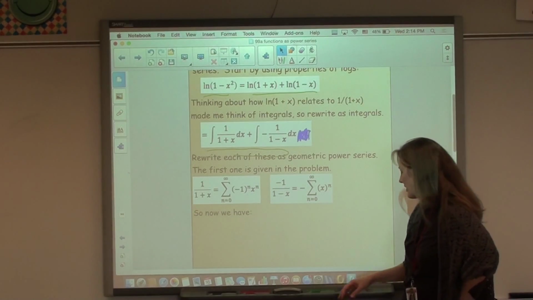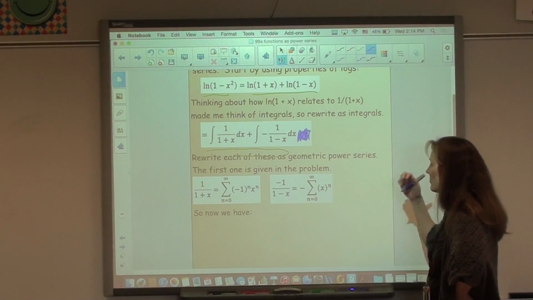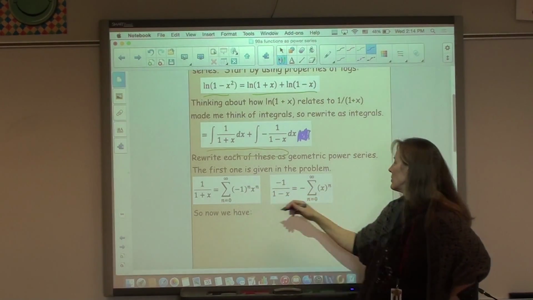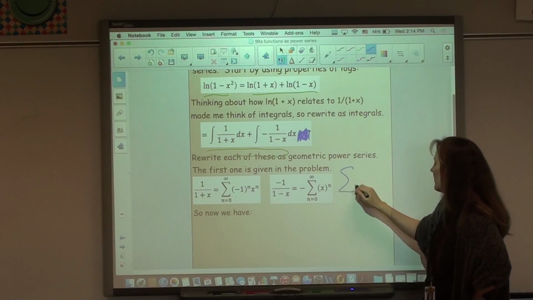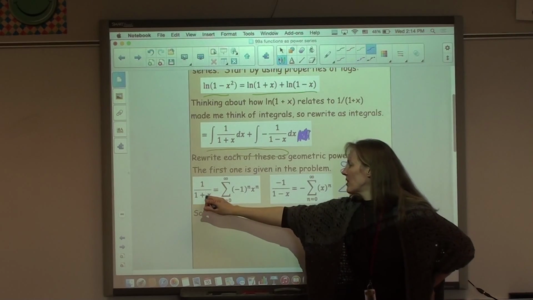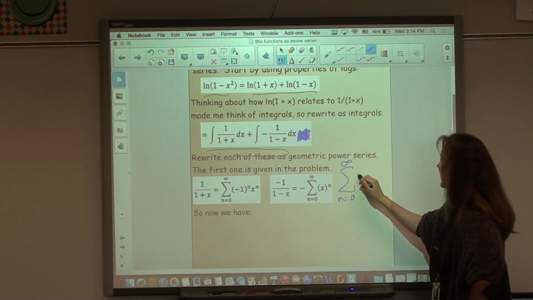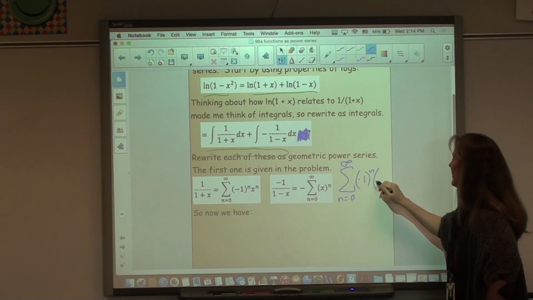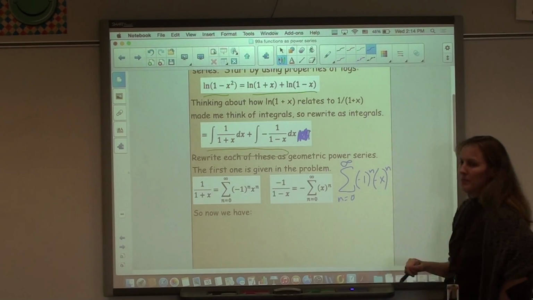Now, I wish when I had done this that I had written the intervening step. Let me just make sure you understand what the intervening step was. If for this one, I change the x to a negative x, I get negative 1 to the n, negative x to the n.